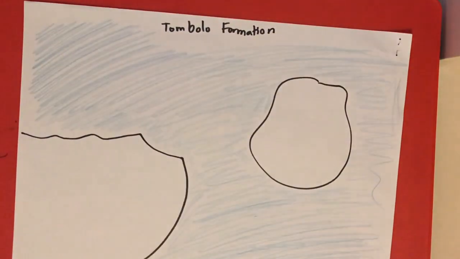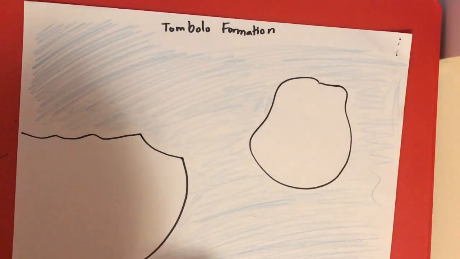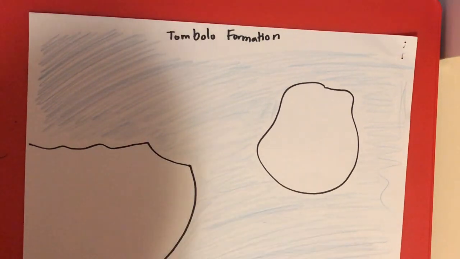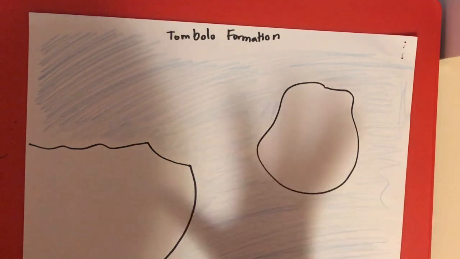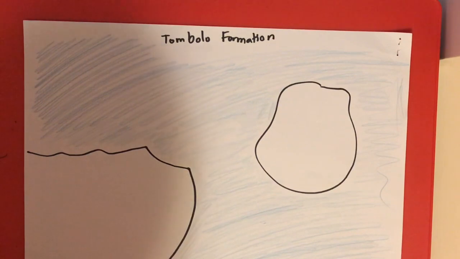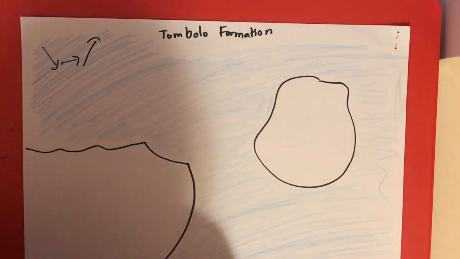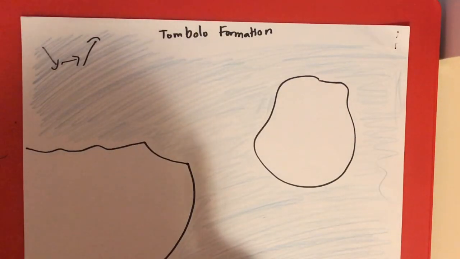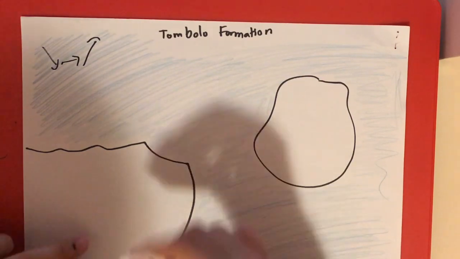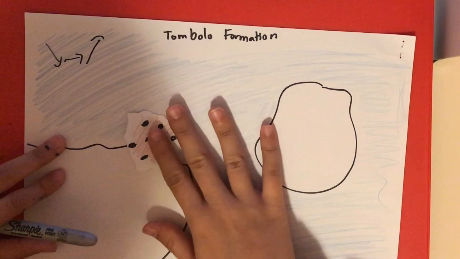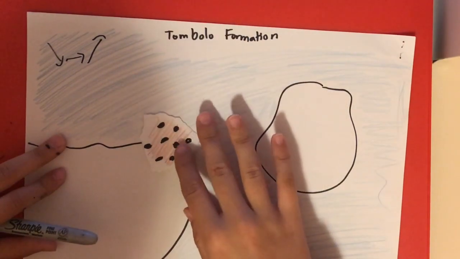Okay, so how is a tombolo formed? Basically, the process of longshore drift, as we mentioned before, causes the material to be moved down the coast. So if the direction of the prevailing wind changes, let's say to this, then the material continues to be transported in the original direction by longshore drift. When the longshore drift approaches deeper water, the sediment is deposited.